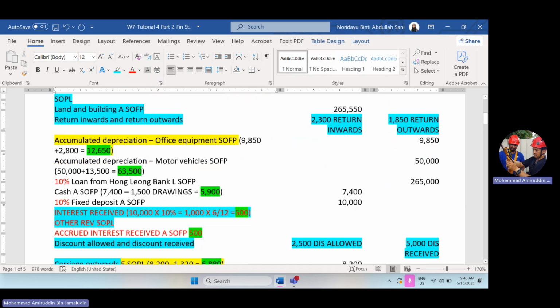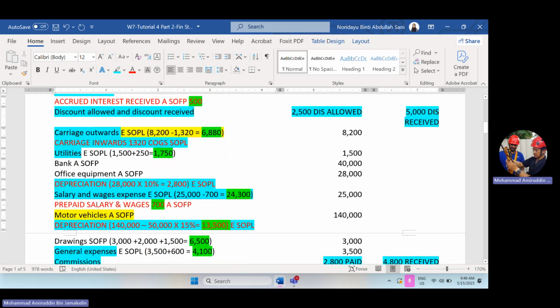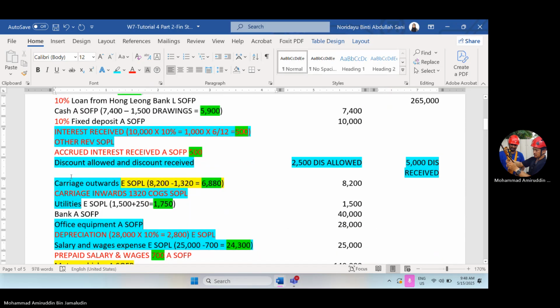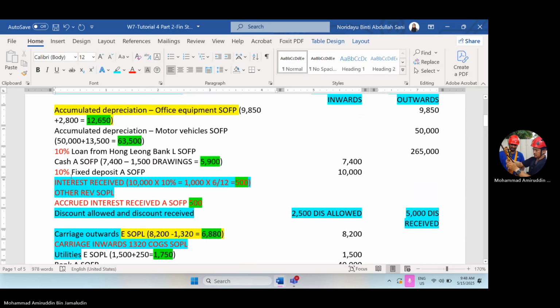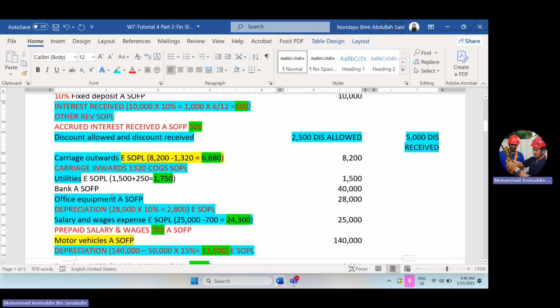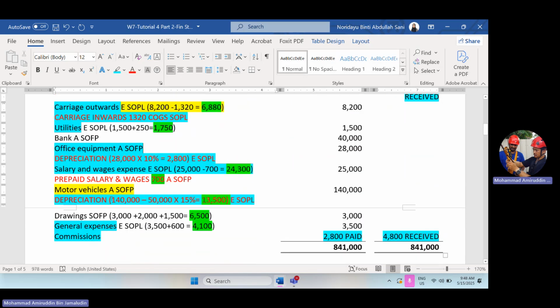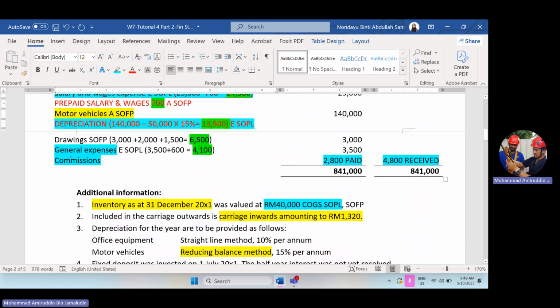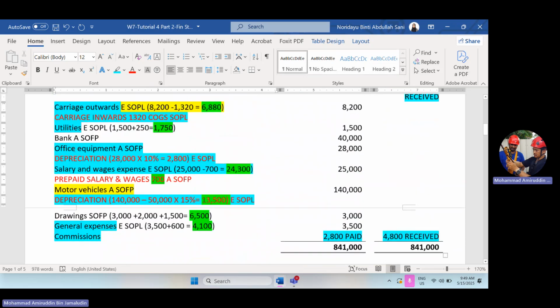After that, we have office equipment. Where is the other one? Motor vehicle, and another one is, what do we have? Office equipment. Oh, here, office equipment, motor vehicle. All right, that's the cost.